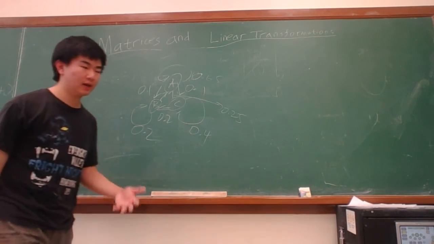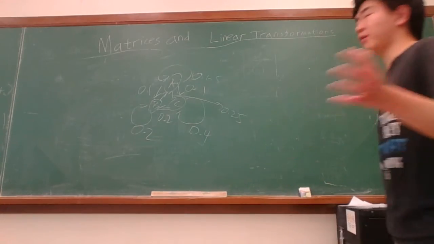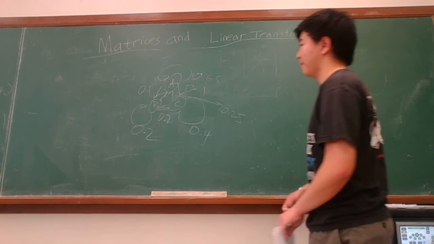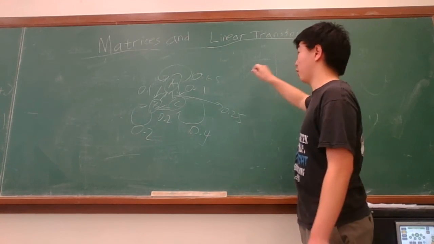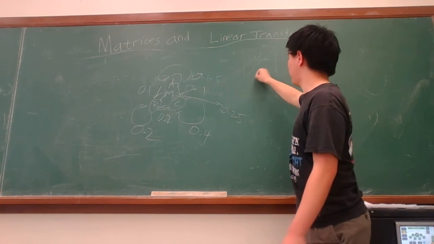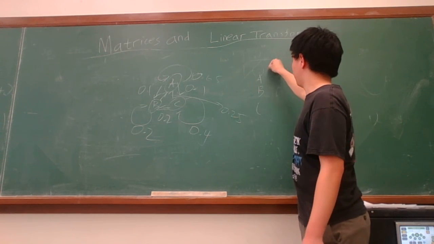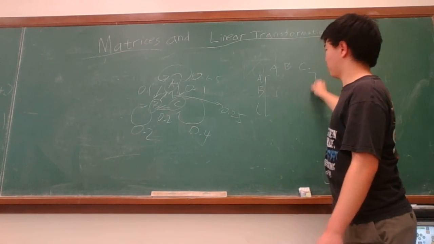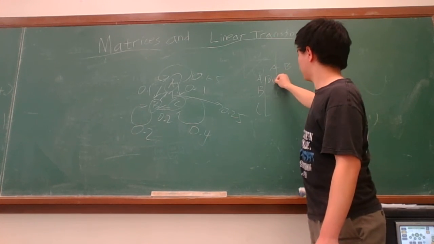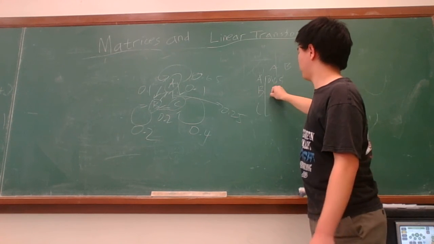I'm just going to go ahead and tell you that if you want to model this situation, we're going to use a matrix that represents going from column to row. So A, B, C, A, B, C. So from A to A is 0.65. From A to B is 0.1.